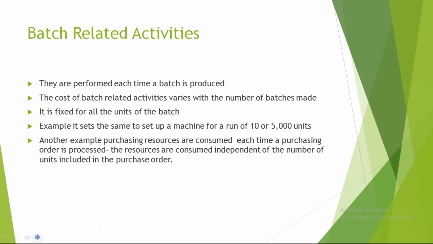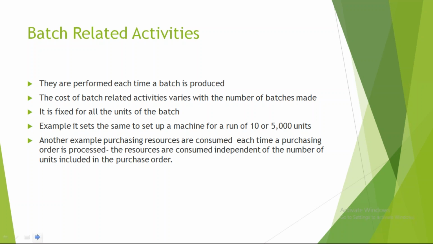So whether there are 10 units in the batch or 100 units in the batch, it does not matter. It is the batch that matters. For example, the machine setup time. It can be for a run of 10 or 5,000 units, and the activity happens not per unit but per batch.